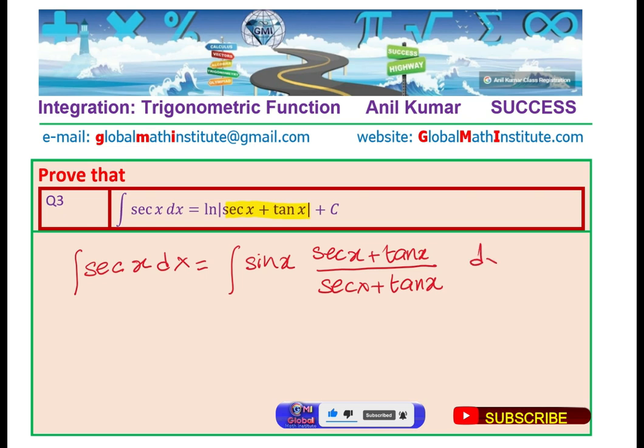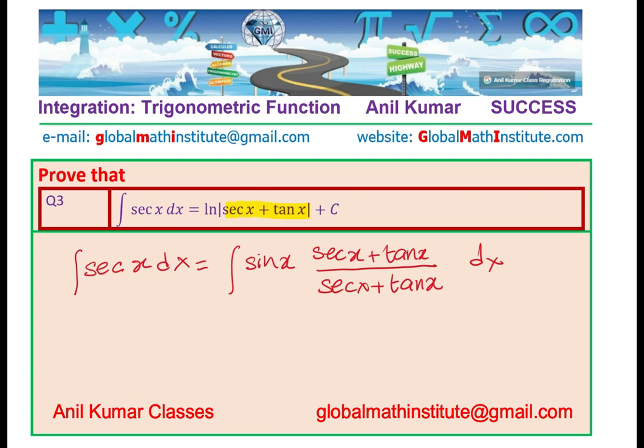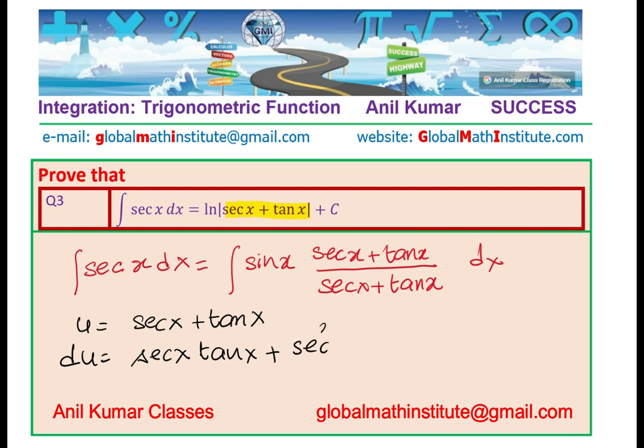Perfect. So we multiplied and divided by secant x plus tan x. Now clearly we'll do the substitution u equals secant x plus tan x, which is the denominator. Is that clear to you? So du is the derivative of this. The derivative of secant x is secant x tan x, and that of tan x is secant square x, dx.